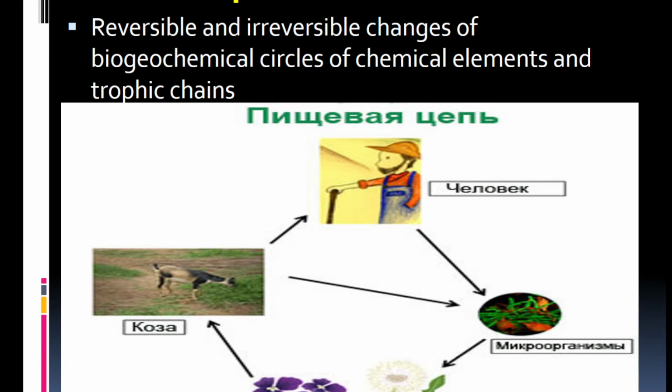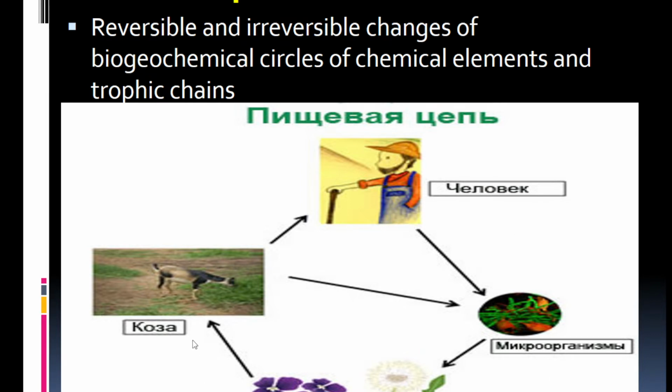You know that we belong to animals, and we use as food different plants and different animals, and the soil on which these plants and animals live. The chemical content of soil, of different chemical elements, comes to plants and to animals, and after that to the consumer of these chains, the human.